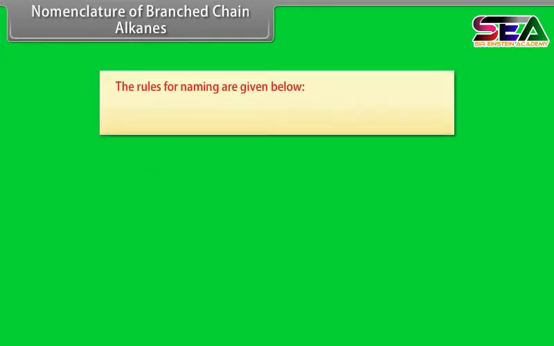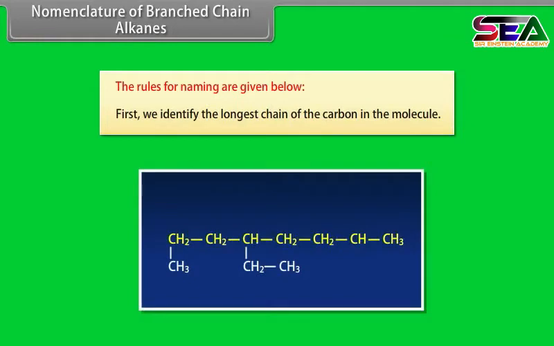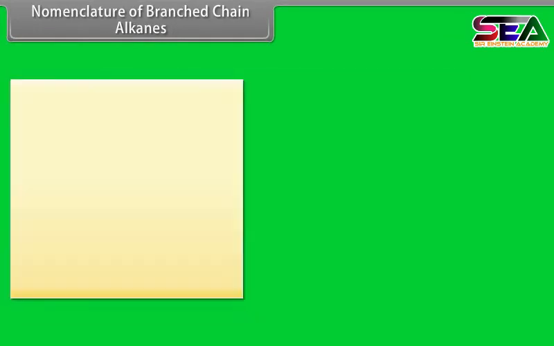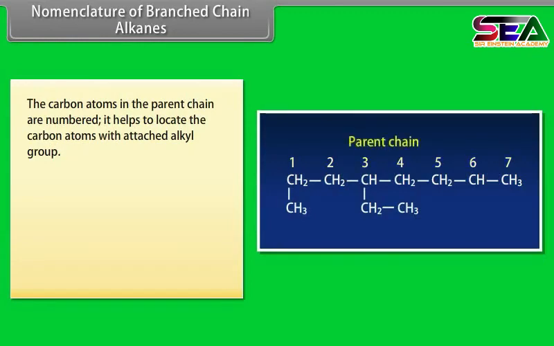Nomenclature of branched chain alkanes. The rules for naming are given below. First, we identify the longest chain of the carbon in the molecule. The carbon atoms in the parent chain are numbered. It helps to locate the carbon atoms with attached alkyl groups.